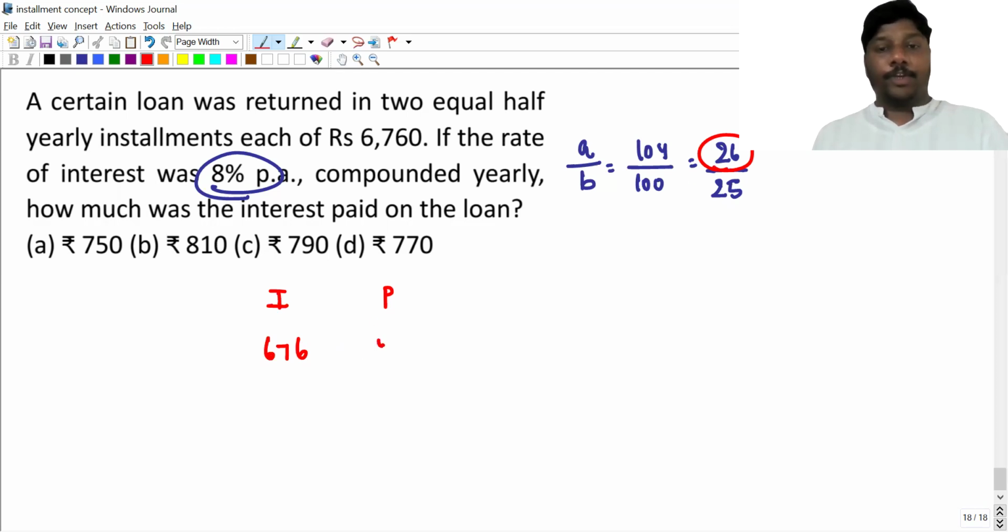Principal becomes b into 25 into the sum of a plus b, which is 51. Understood? So if your installment is 676, then principal is 25 into 51, 25 into 50 is 1250, so it becomes 1275.